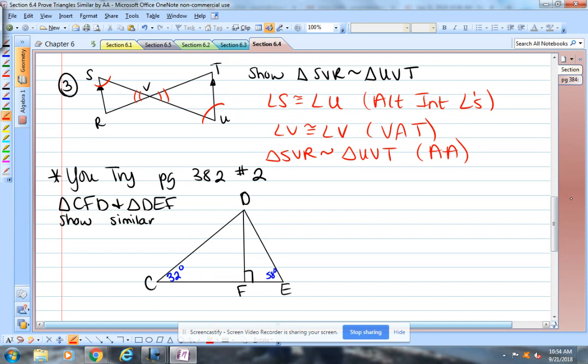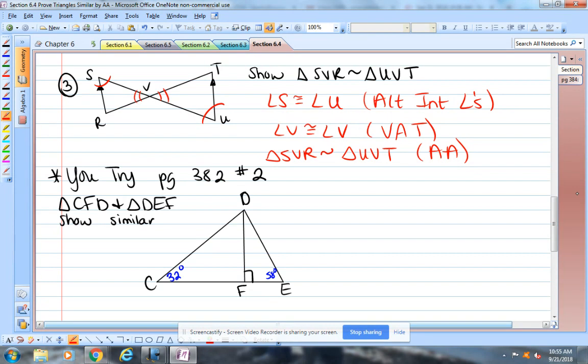Okay. Y'all try this one. If you can't read mine, angle C is 32 degrees and angle E is 58 degrees, or you can look at page 382, number 2. Show me that these are similar. You don't have to write a formal proof.